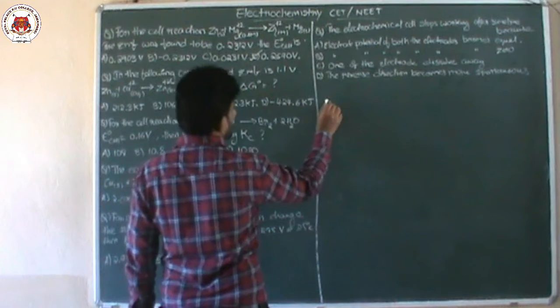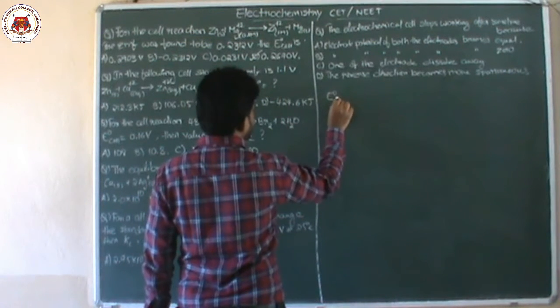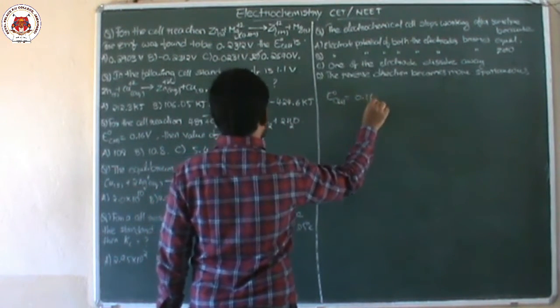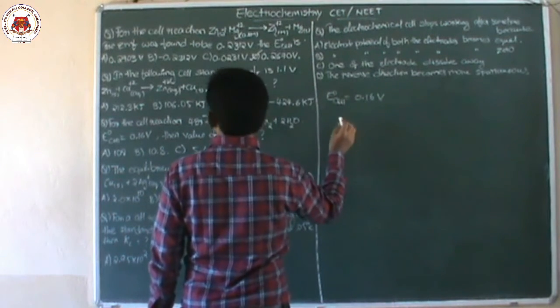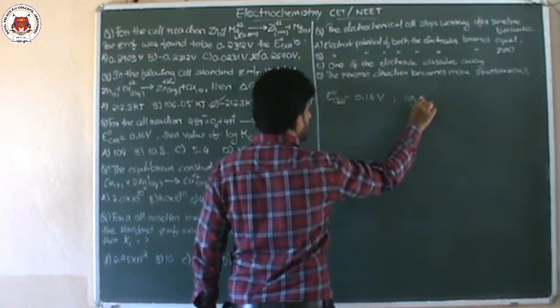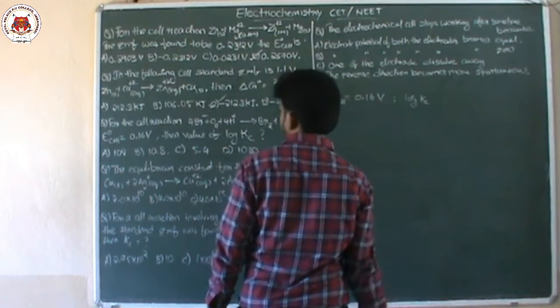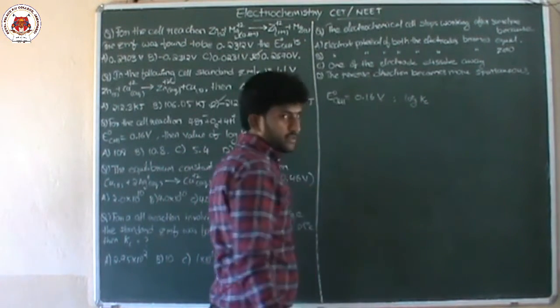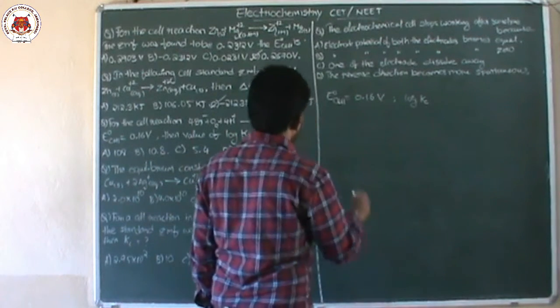E naught cell is given, 0.16 volt, and what they need is log Kc value. Now, what is the relation between E standard cell and log Kc?